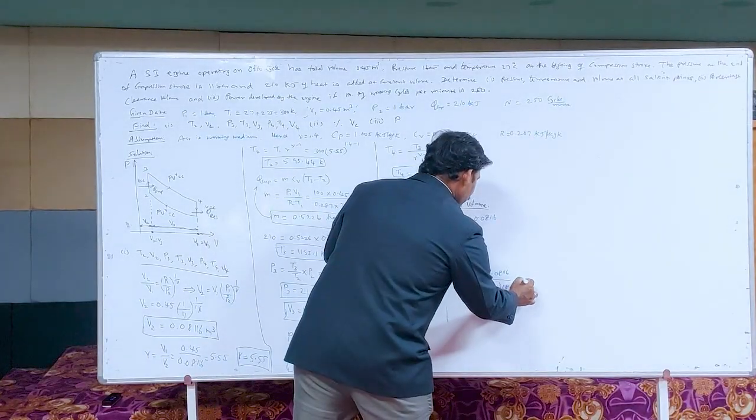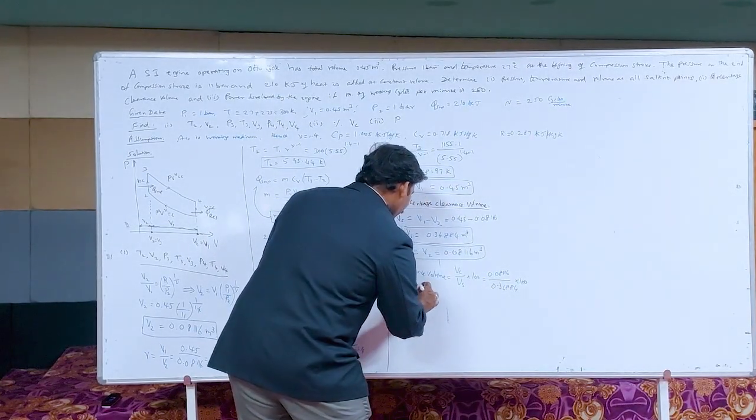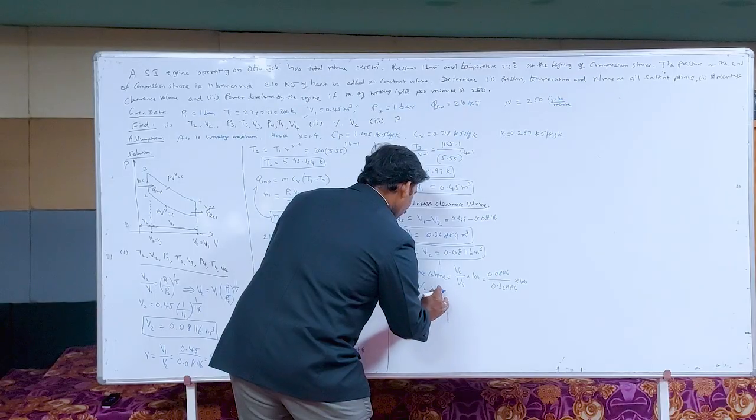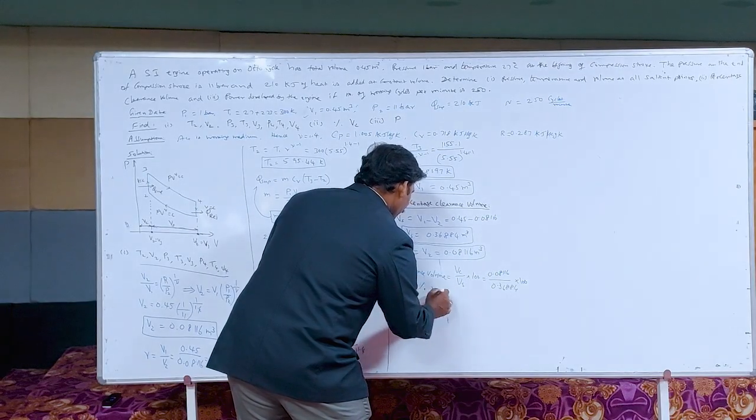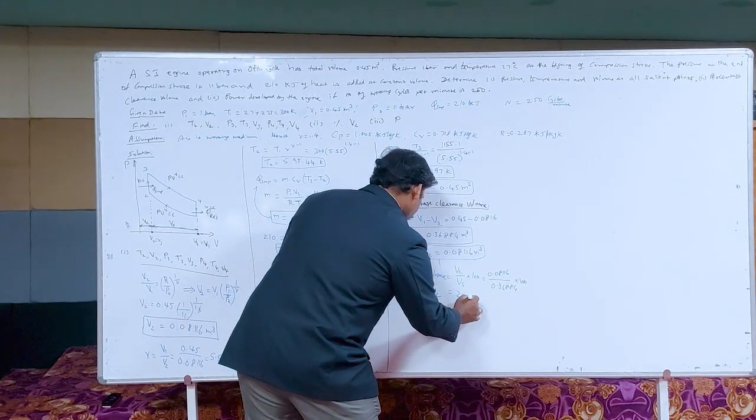So we get the percentage clearance volume as 22 percent.